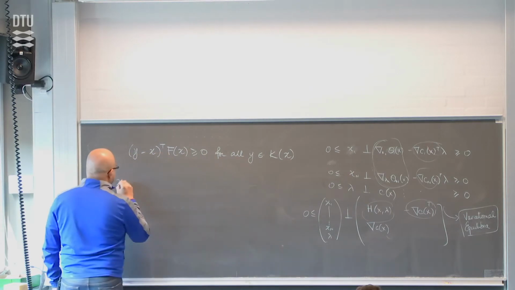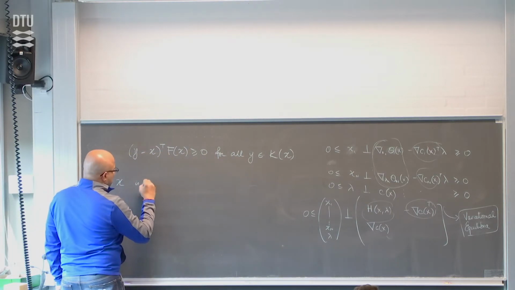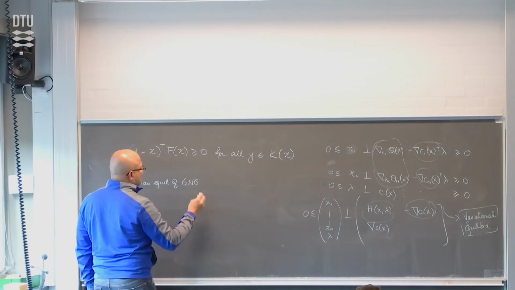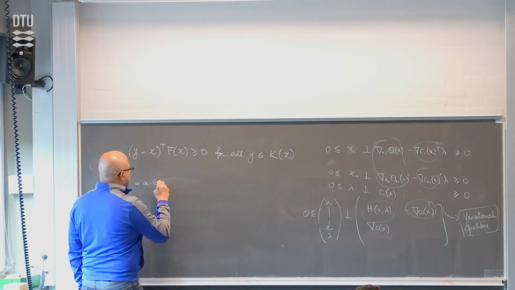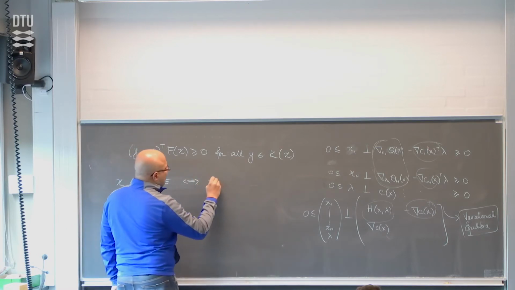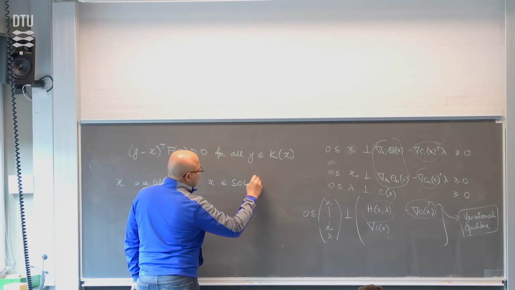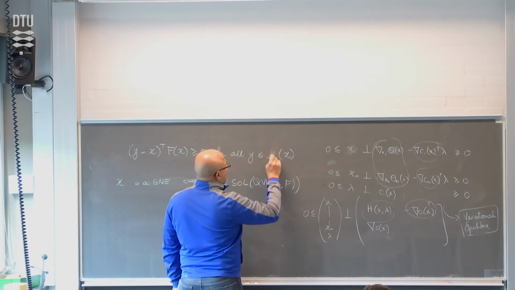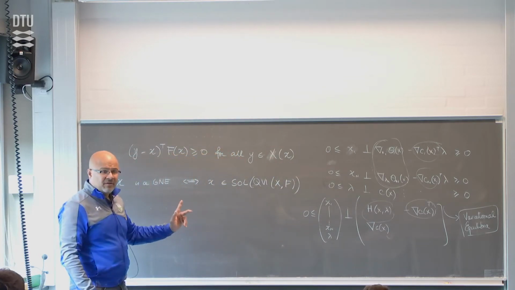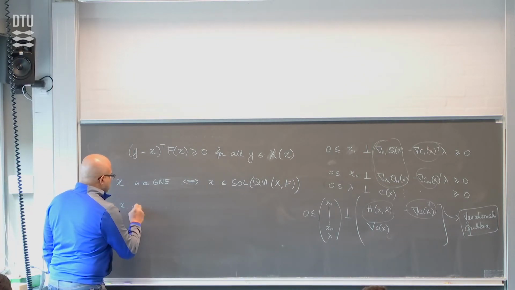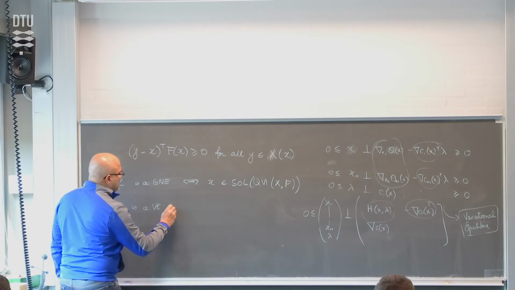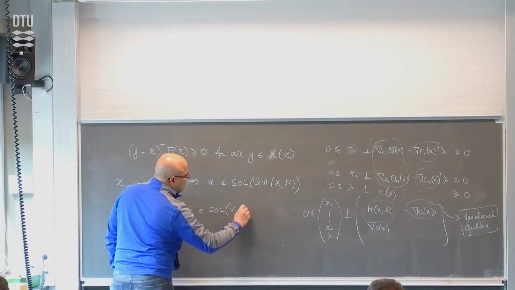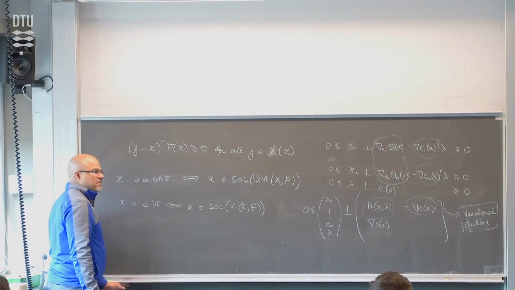So x is an equilibrium of the generalized Nash game, or we'll just say x is a GNE, if and only if x is a solution to QVI(K, F). And x is a VE if and only if x is a solution to VI(C, F).